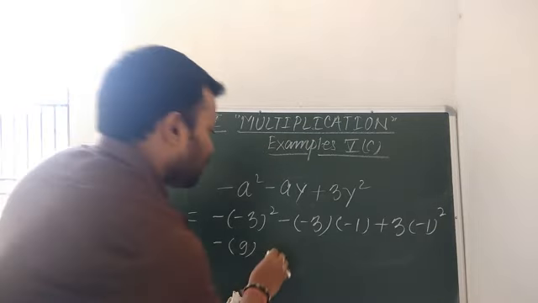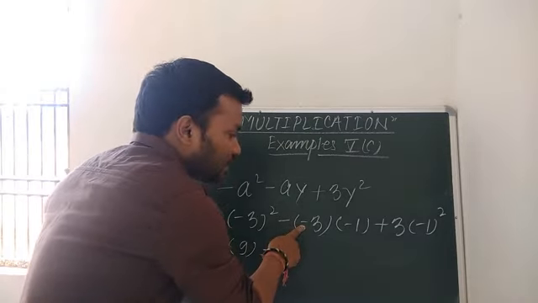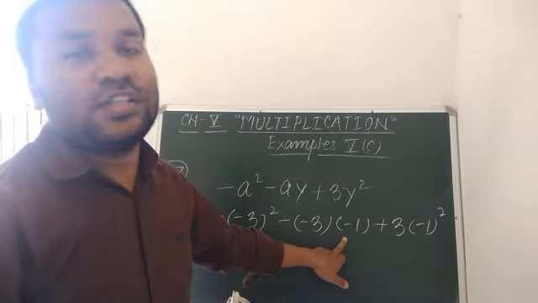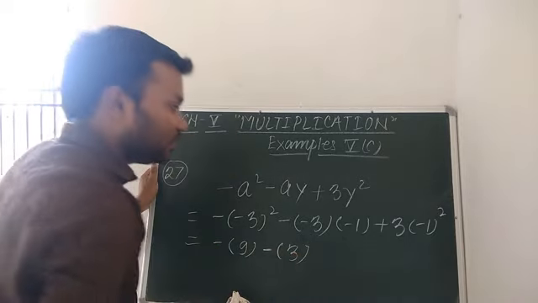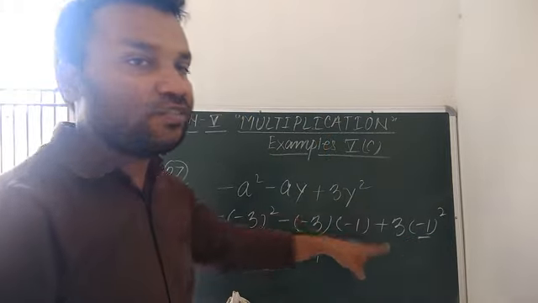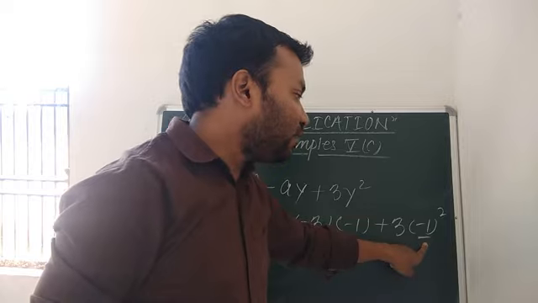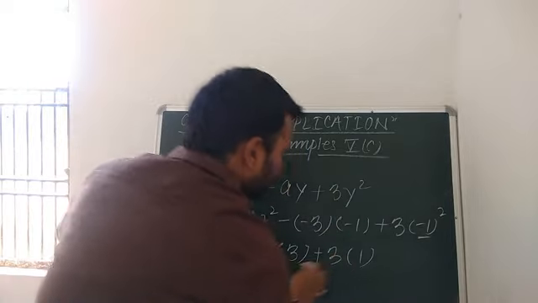Now minus 3 into minus 1: numbers with the same sign, so their multiplication will be positive, and we get 3. Again we have a negative quantity with an even power, so the value will be positive, and we get positive 1 here.